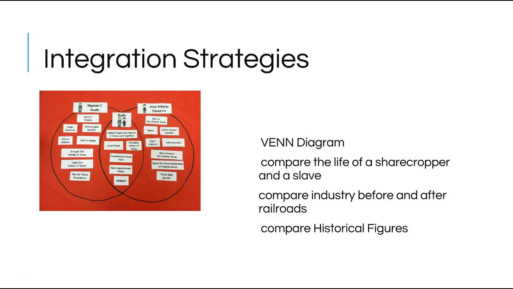So some integration strategies. Venn diagrams are always really powerful, and we know your kids will probably see them on the Reading Star, and they could be in math and science as well. Some of the things they could compare and contrast are the life of a sharecropper compared to the life of a slave, industry before and after railroads, and comparing historical figures from the Civil War.